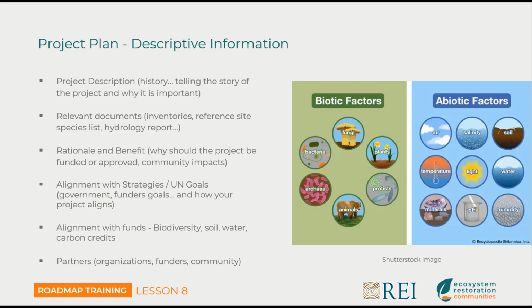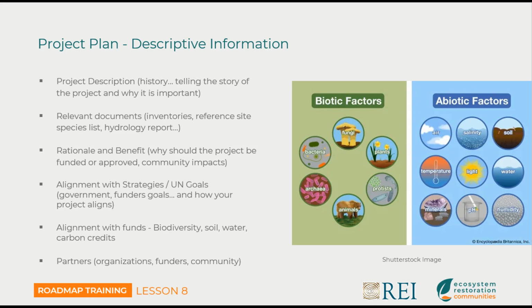And so some of the descriptive information, the history, telling the story of the project and why is it important? Why is it important to do this restoration? Personally, I think all restoration is important, but you need to convince people. Relevant documents: your plant inventories, your abiotic factors, your reference site species list, your hydrology report, different things like that.